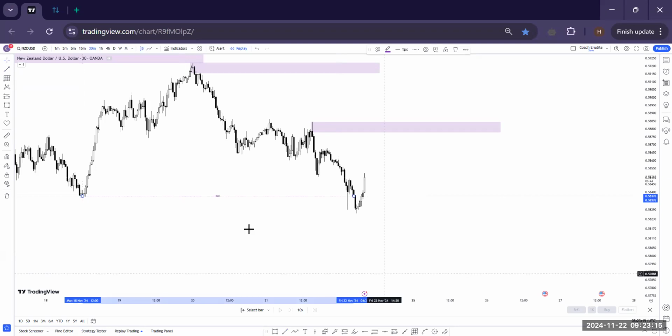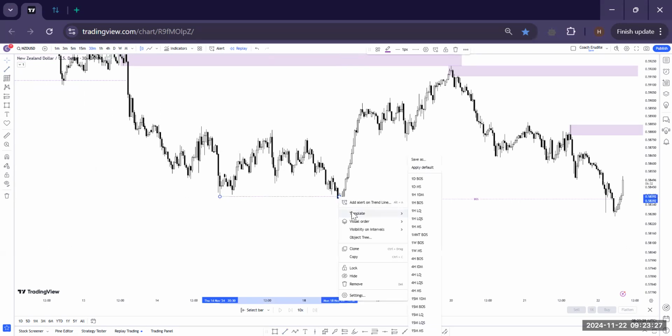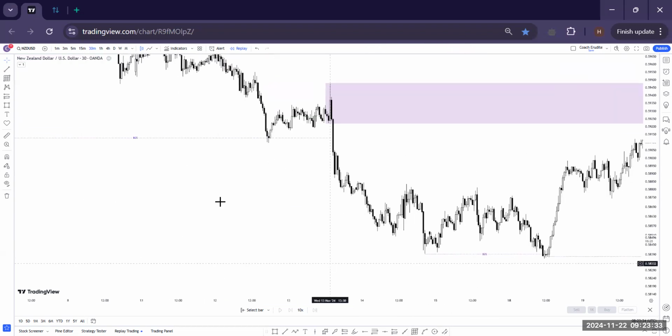50 minutes US. We have the break of structure. The last class, we did not mark break of structure to this point. So I'm doing that right away. All right.